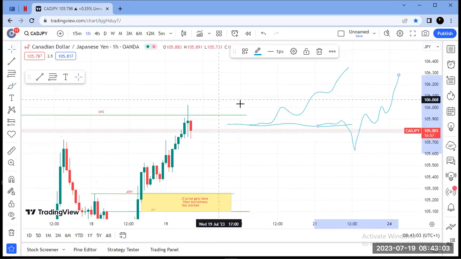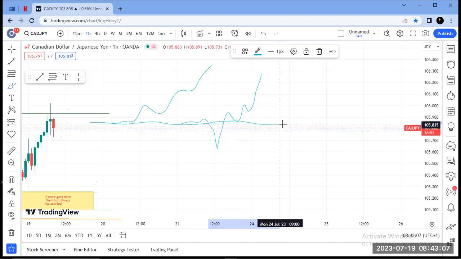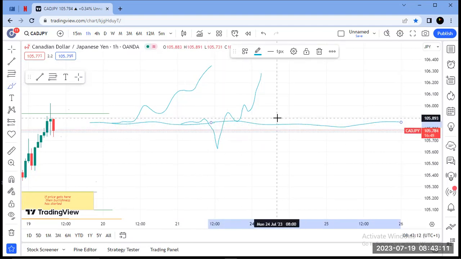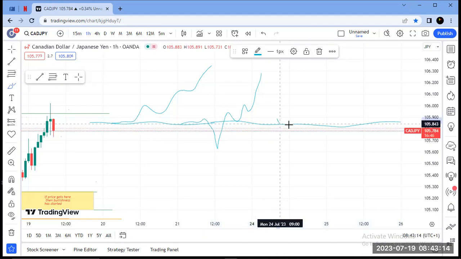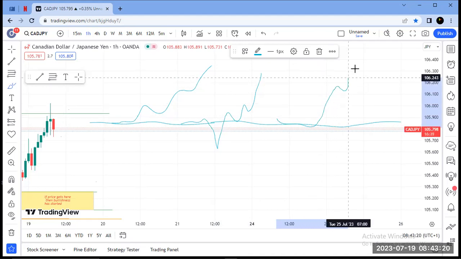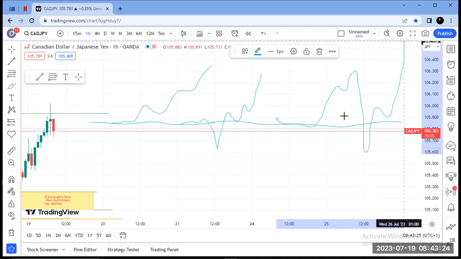You can also see one thing that most persons don't know, which is that the market can also do something like this. This is the opening price. It can open for the day, go up, come down, and still go up again.